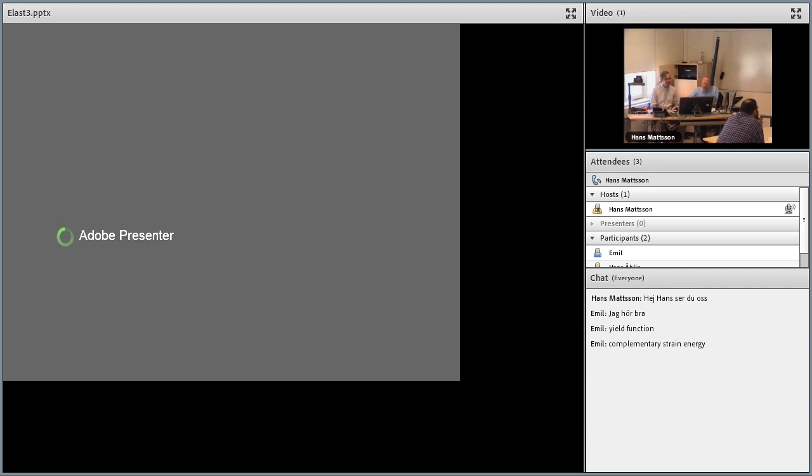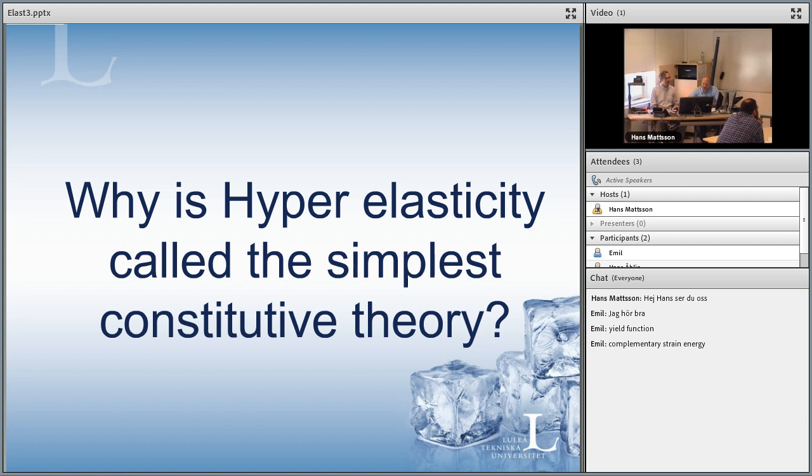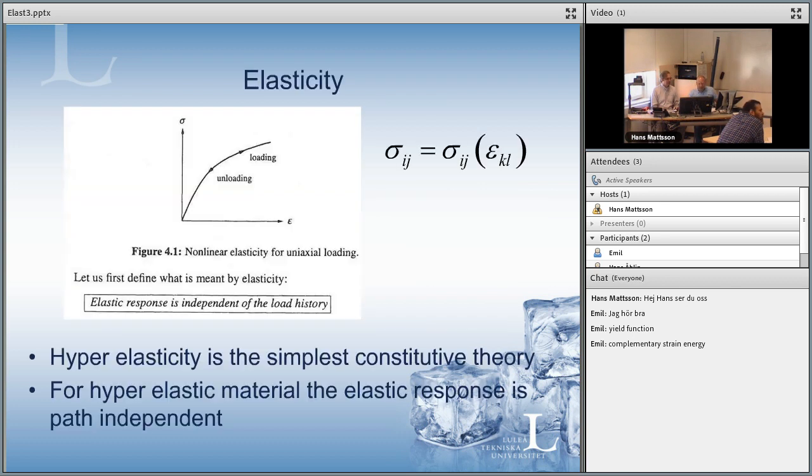Why is hyperelasticity called the simplest constitutive theory? That's correct.